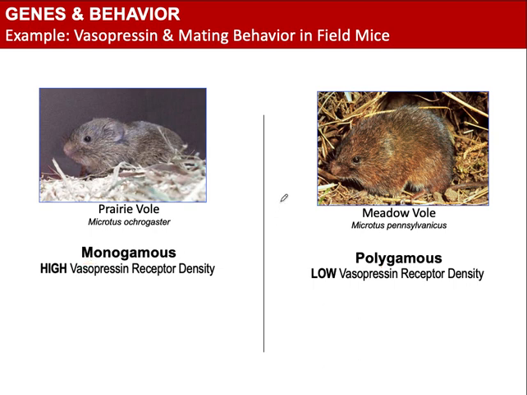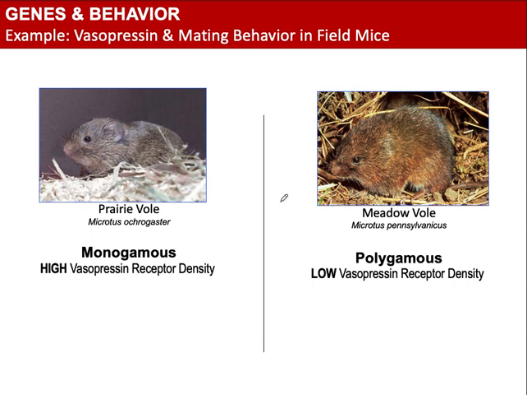So vasopressin is a hormone, and it's thought to play an important role in social behavior, in sexual motivation, and pair bonding, which we would see in a monogamous species, as well as playing a role in maternal responses to stress. And so here we have two different species, the prairie vole and the meadow vole.